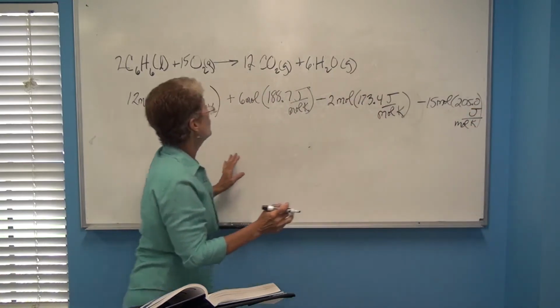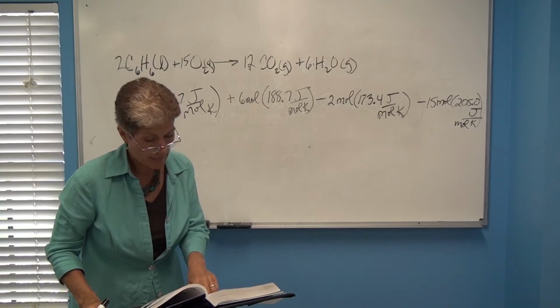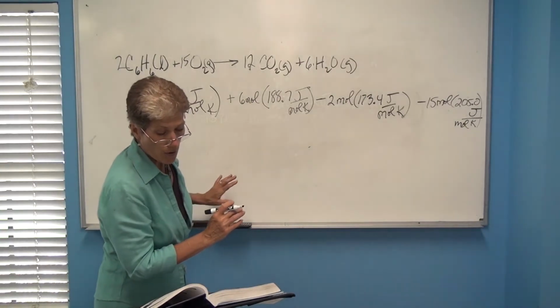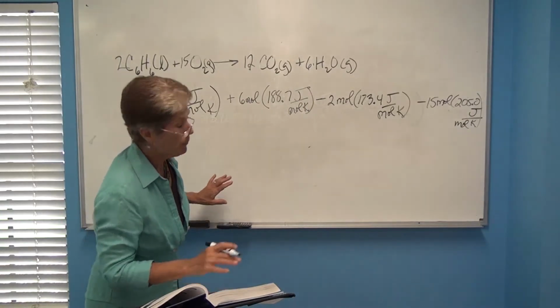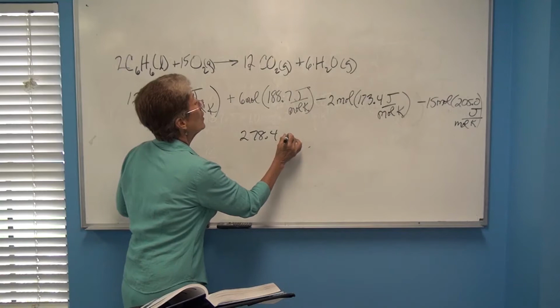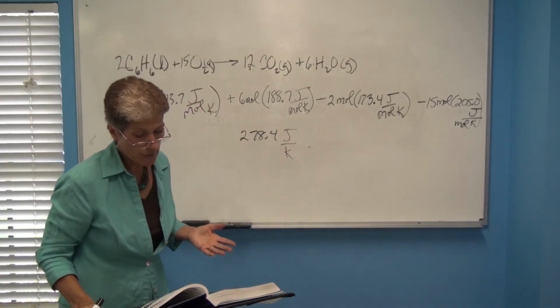Okay. And so you do all that, and you end up getting 278.4 joules per Kelvin, because the moles will cancel.